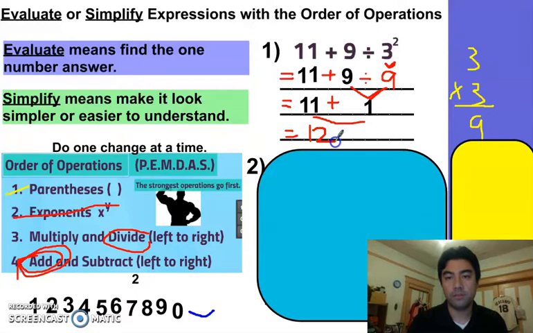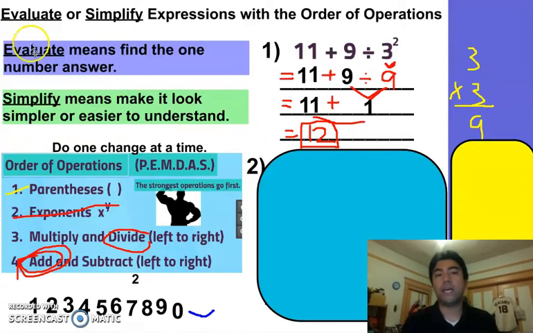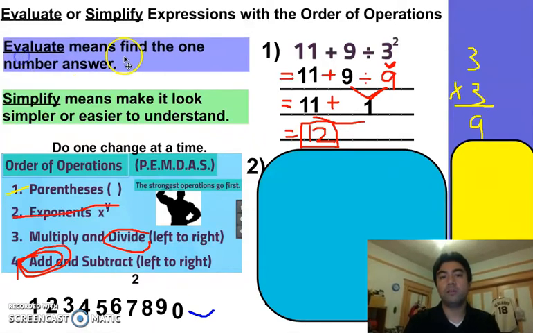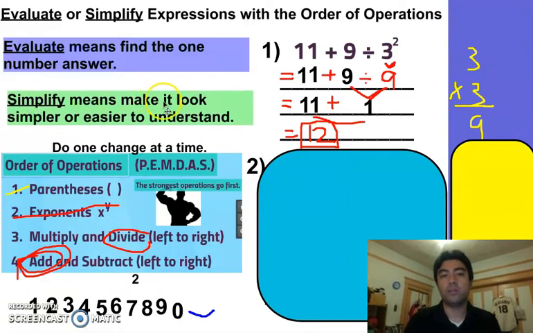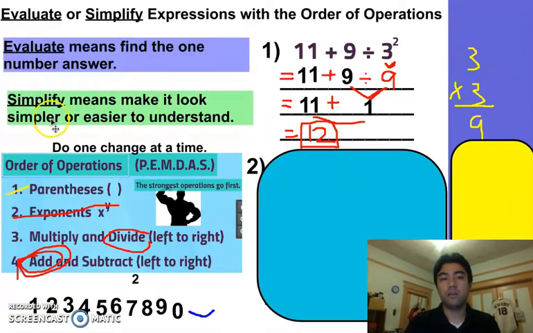Okay. And now I'll put a box to show you that this is my final answer. And to show you that I actually evaluated because I only have one number as my answer. And I actually simplified it too because, look, I made it look simpler because it's just 12 now.